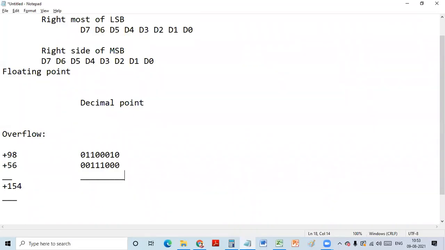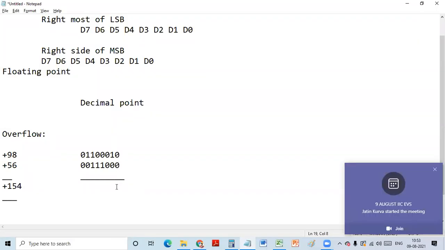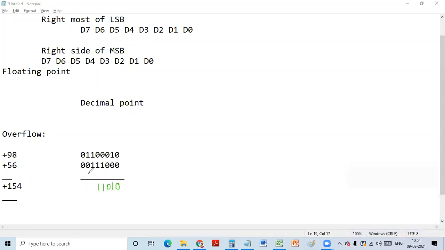You know, both are positive numbers, right? So the most significant bit is 0, and here also 0. Now I'm adding these two numbers. We start with the least significant bit, using a simple half adder. 0 0 is 0, right? Then 1 1, carry 1, and it is 0.